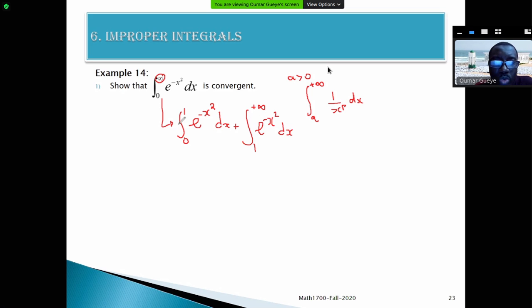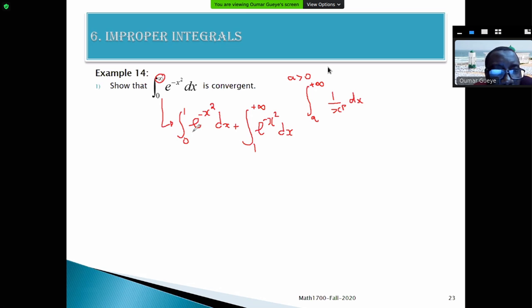So what about this one? What kind of integral is it? You guys can tell me. The first integral, is it an improper integral of type 1, type 2, or a definite integral? So type 2.